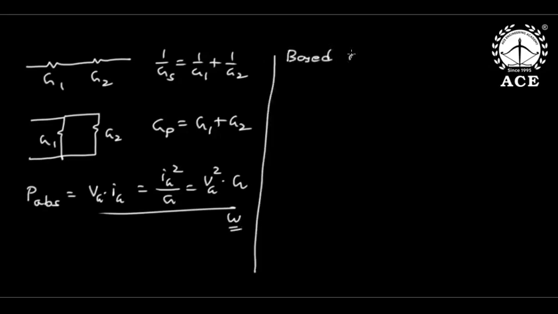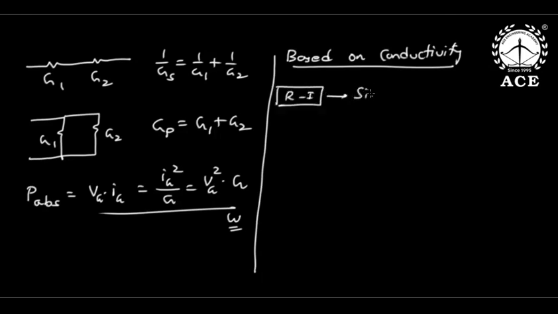Based on conductivity, rank one material is silver. Silver is the best conductor in the world. Then rank 2 is copper.